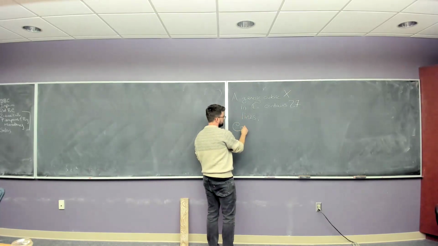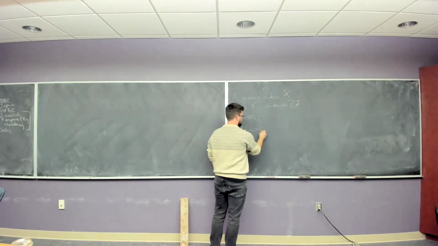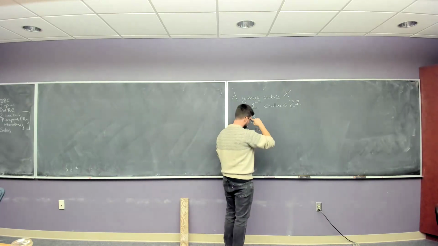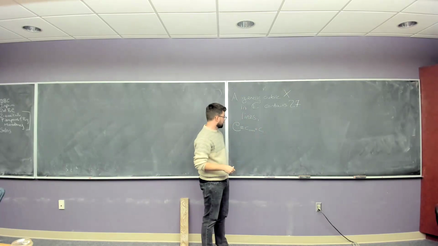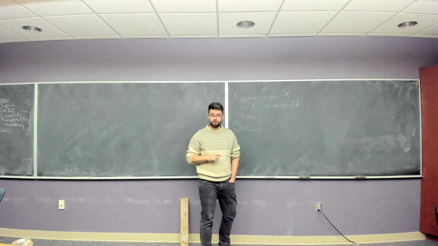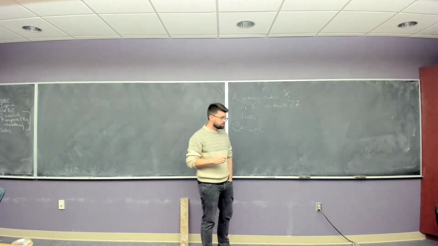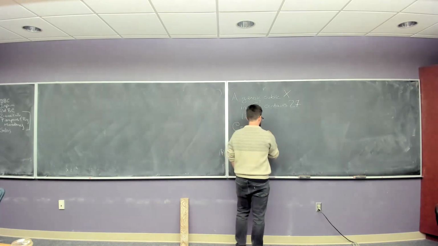So a cubic looks like the variety cut out by a single polynomial, degree 3 in 3 variables, which generally looks like this.